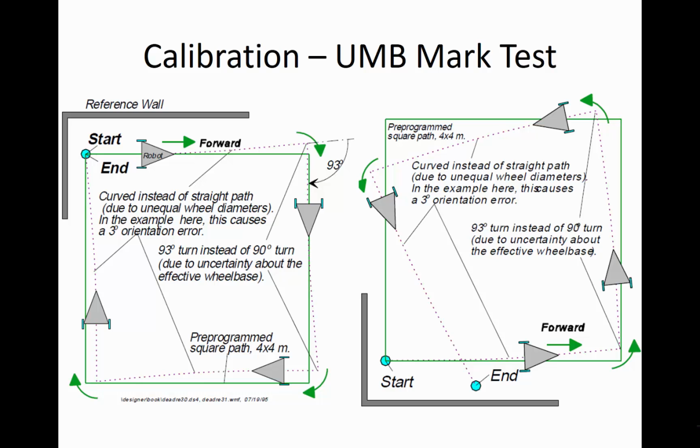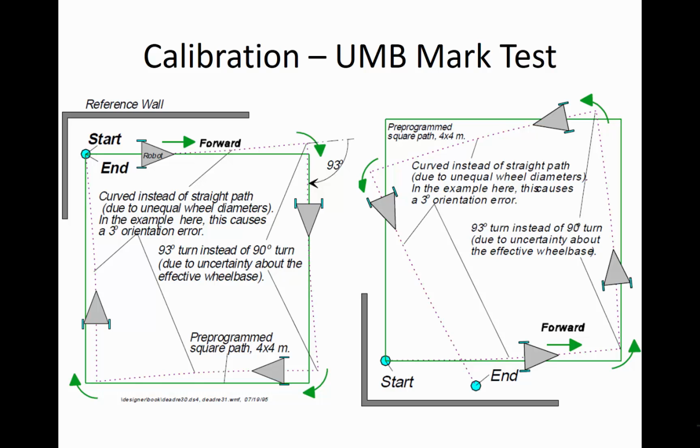So we run the robot, and at the end, we're expecting, unless it's been calibrated really, really well or is amazing, our robot won't be right at the start point again. It will probably have an error both in the X and Y direction, but also in the orientation. And so we can use that to work out, we might have not turned at 90 degrees, for example, but turns at 93 degrees.